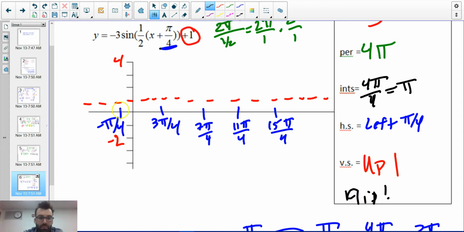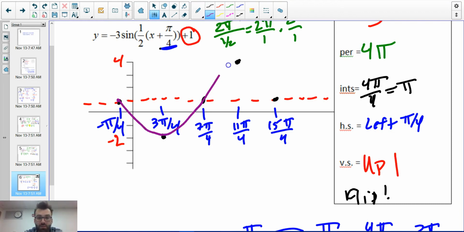I start at the midline. Since it's a negative, I flip. I go down to my minimum, back to my midline, up to my maximum, and back down to the midline. And then connect my dots.